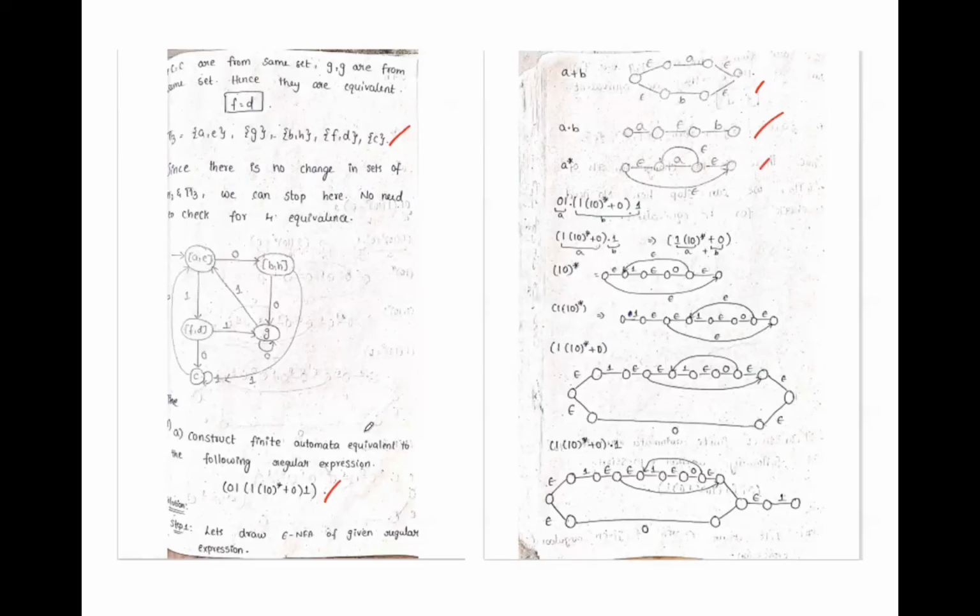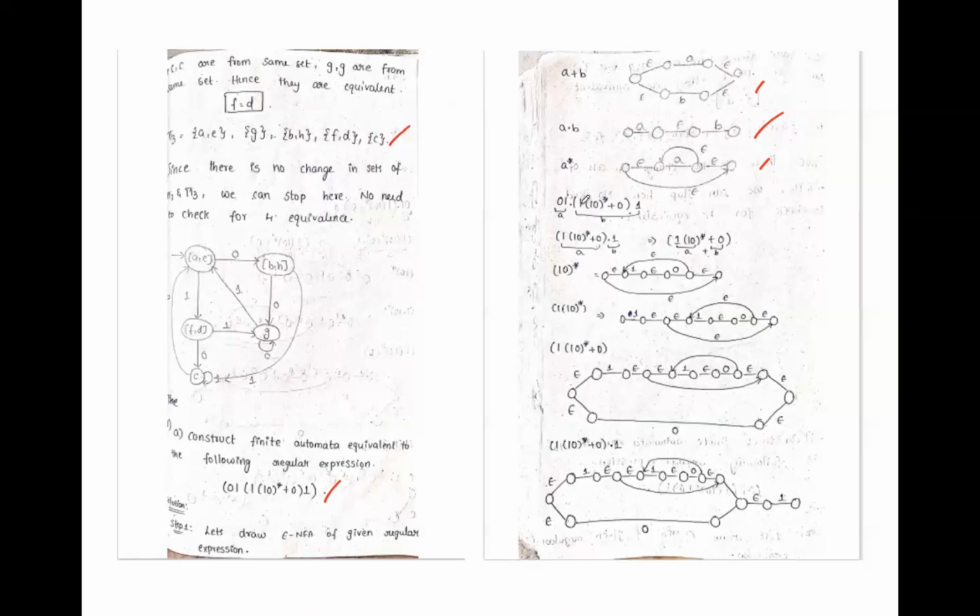So for this one, let us take the regular expression and try to break it so that it comes into one of the three scenarios. If you take 0, 1 into this part, this is in the form of A into B, so we can use this notation there.